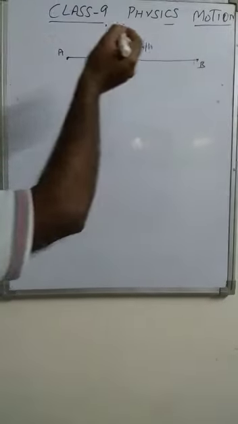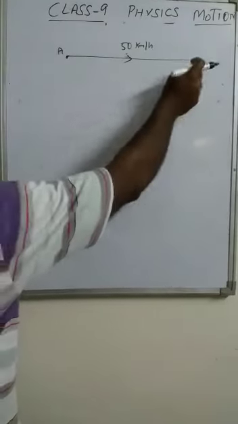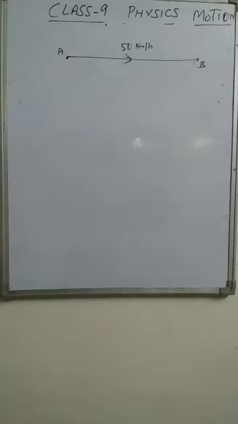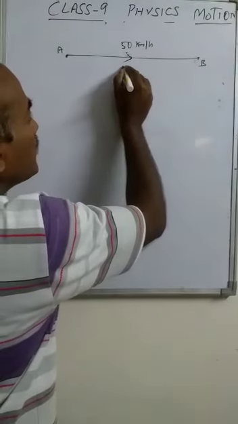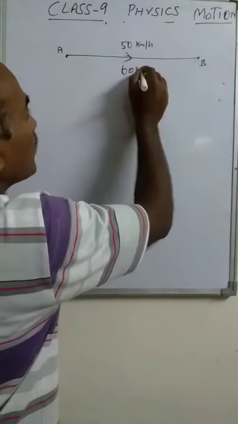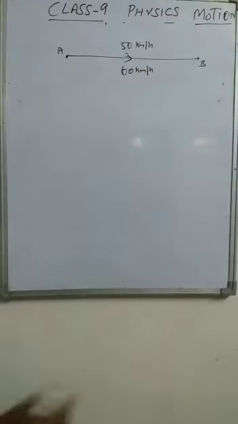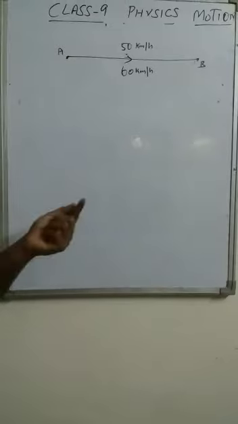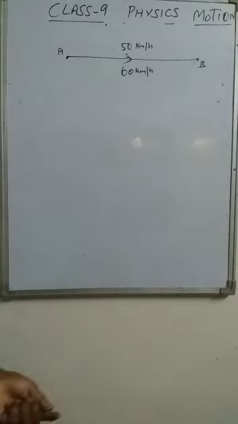Then from point B to A it is traveling along the same path, but now the speed is 60 km per hour. That means while moving towards B, speed is 50 km per hour. Then coming back, speed is not same, it is 60 km per hour.